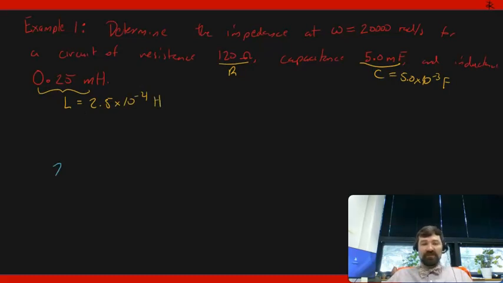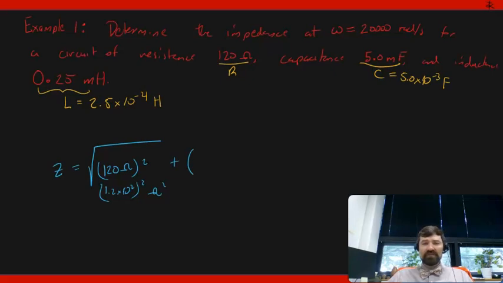So the impedance in this case would look like the square root of, and then we have our R squared, so that is 120 ohms squared, or if you'd prefer, that's 1.2 times 10 squared in ohms squared, plus the difference of these two.